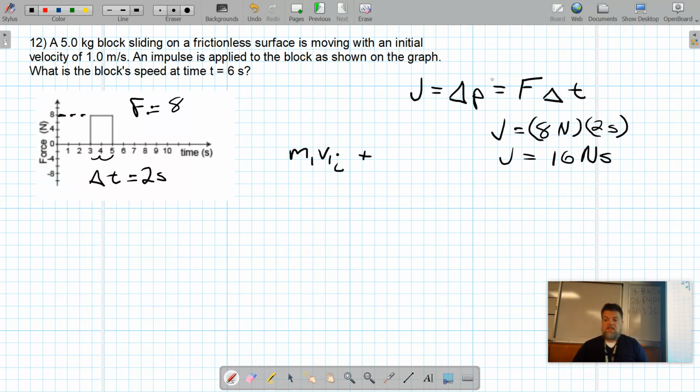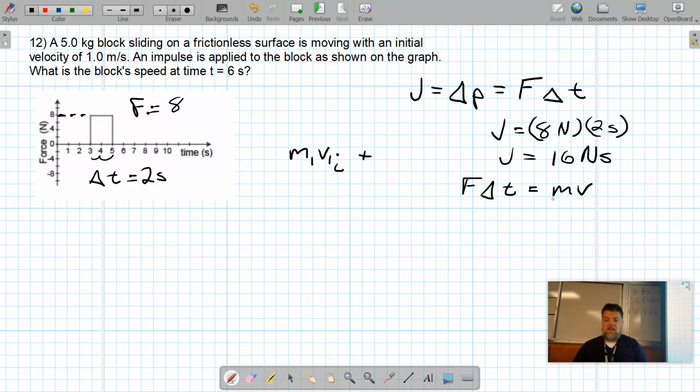But now remember, that's also equal to your change in momentum, right? So you could think of this, F delta t, as equal to m v.